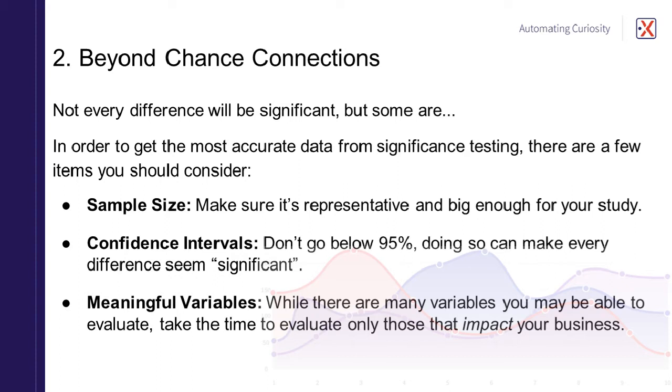So just be mindful of that, and don't be discouraged if you collect 1,000 responses and you find that there are no significant differences. Look deeper into the data and how you can look at it in a meaningful way.